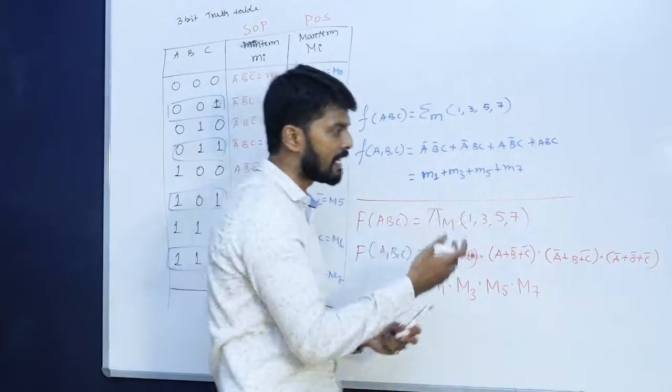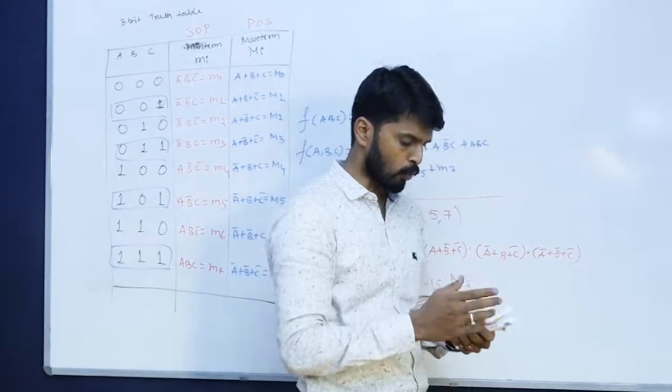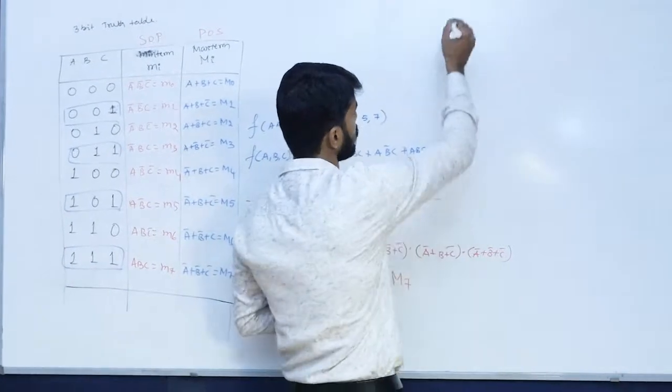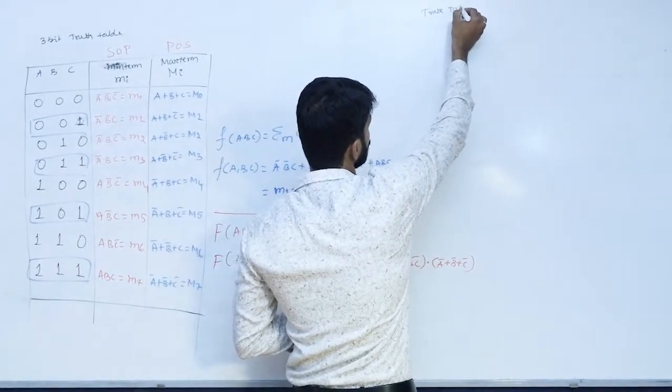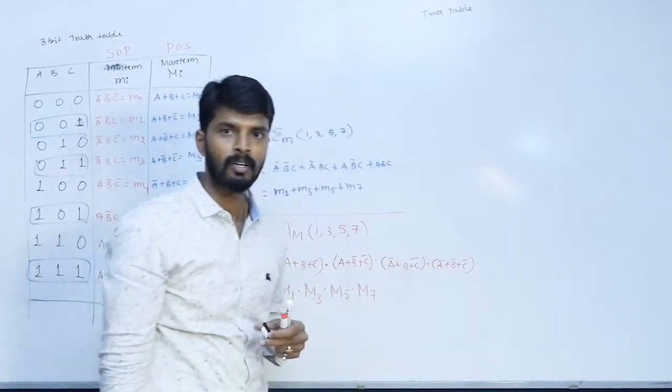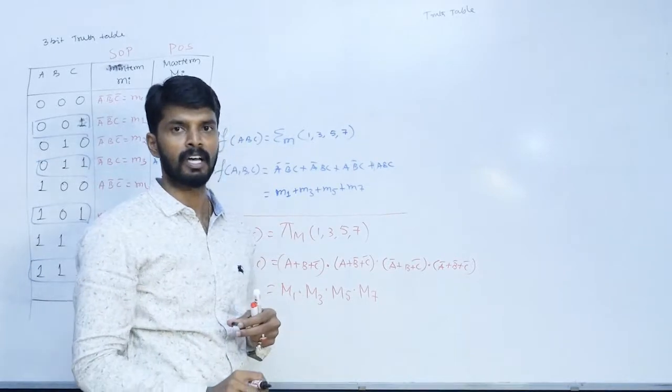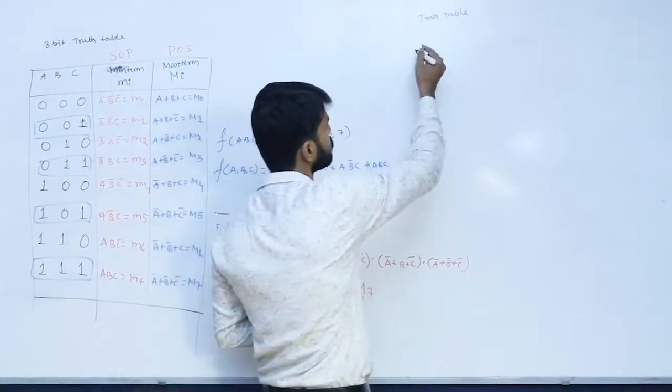Now we will see if we have one truth table. For this truth table, you need to find out the SOP terms and construct an SOP equation.